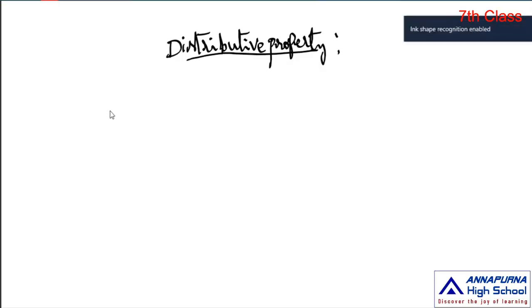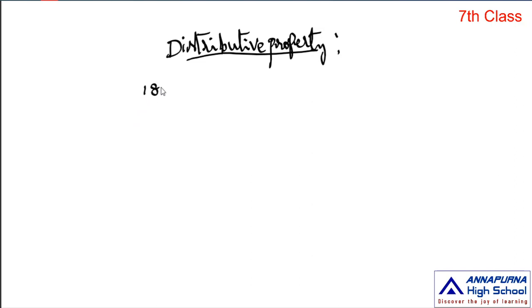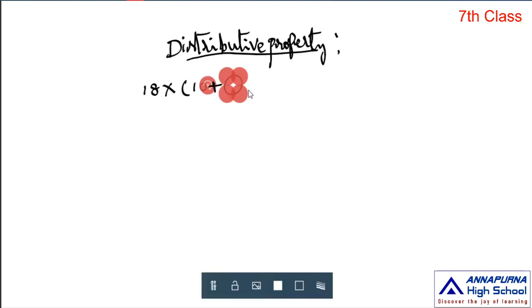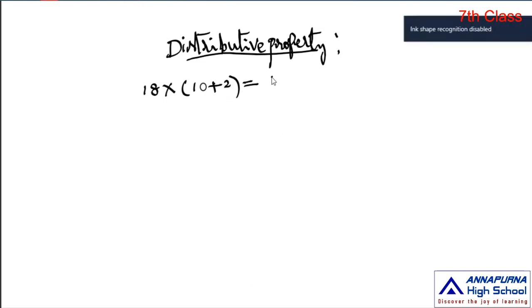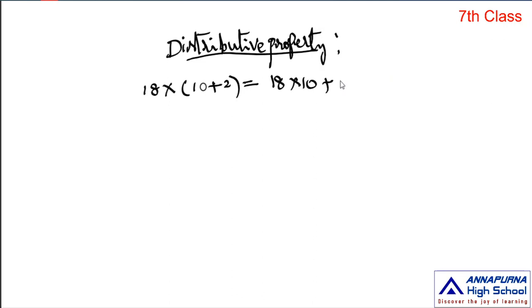Let us see one example. 18 into (10 plus 2) is equal to 18 into 10 plus 18 into 2. So, this is the distributive property of multiplication over addition.